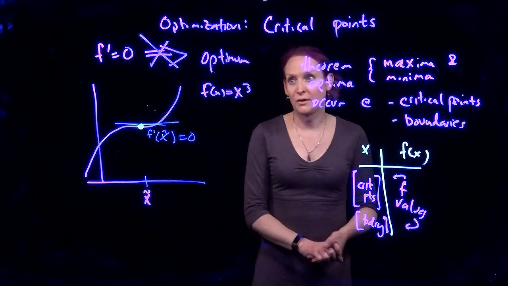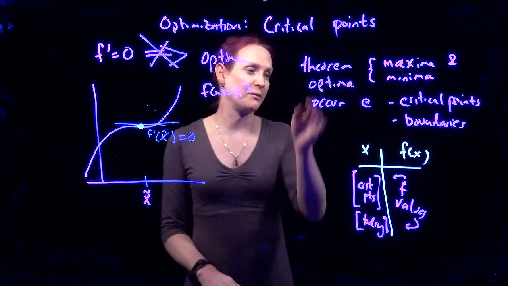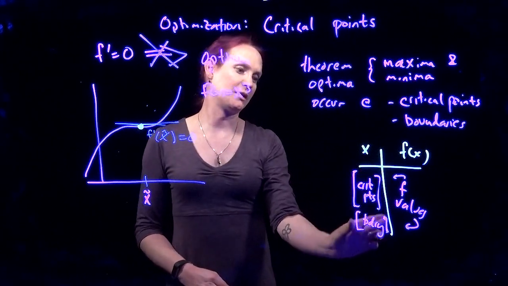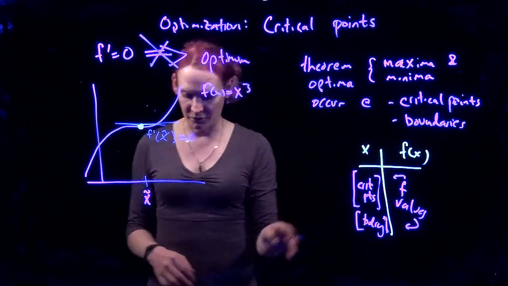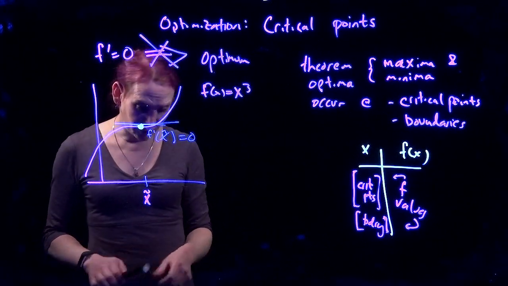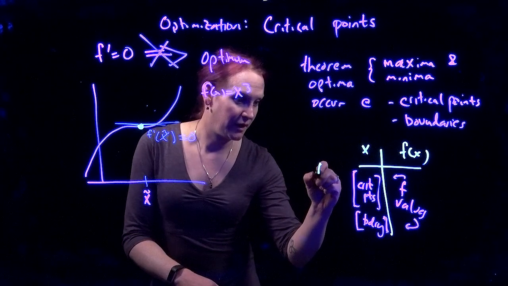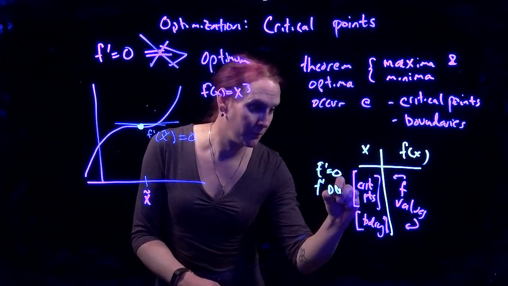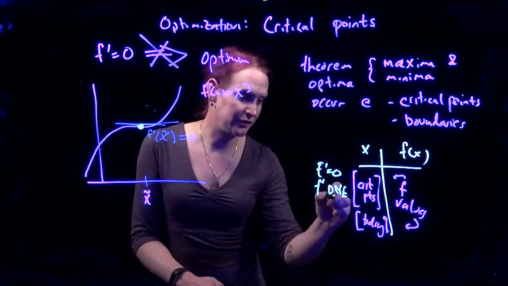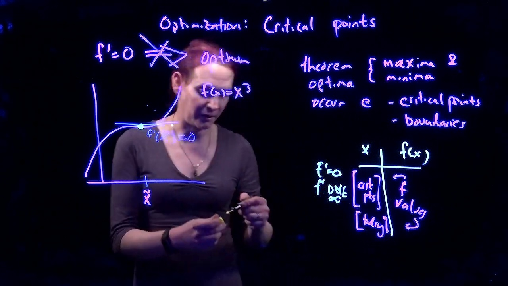What we want to emphasize is that if you want to find where the minima and maxima occur, then you need to build this table, and you have to have all your critical points with your boundaries. The critical points include f prime equals 0 and f prime does not exist, or is infinite.